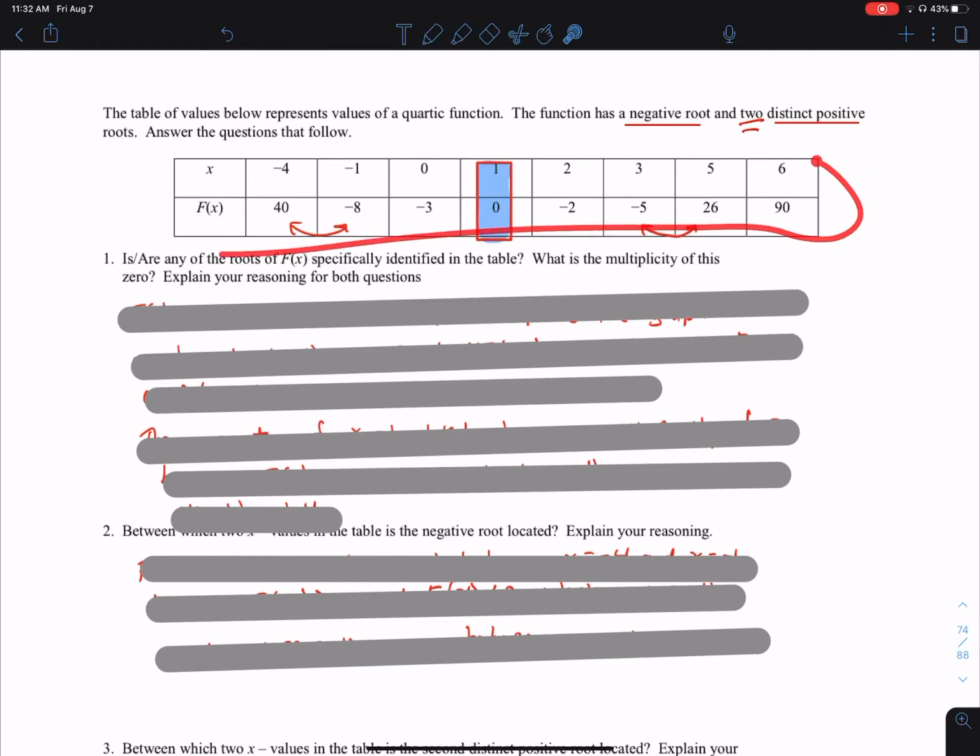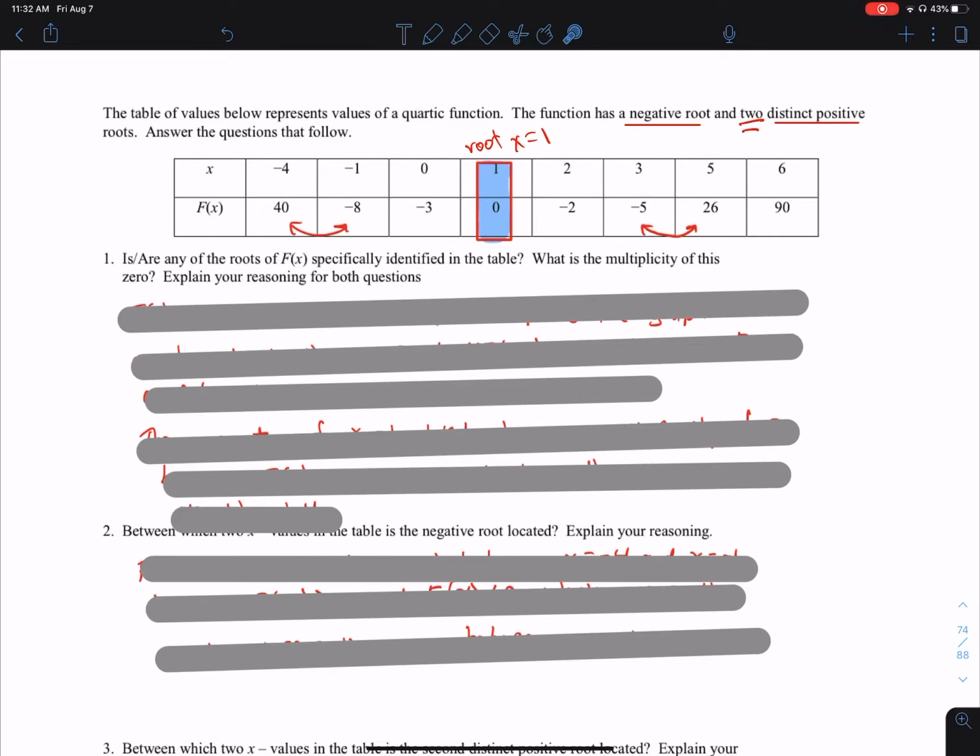So we got this table. Let's see if we can pick out anything here. Now, I got some things already marked on here. 1 is a root. It's a 0 because we know that the y value is 0. So here is a root, x equals 1 for sure. That's one of 2 distinct positive roots. Now I have this marked here from 40 to -8, the y values.